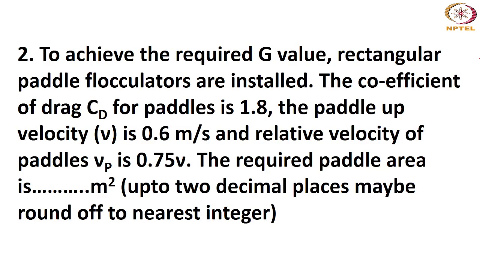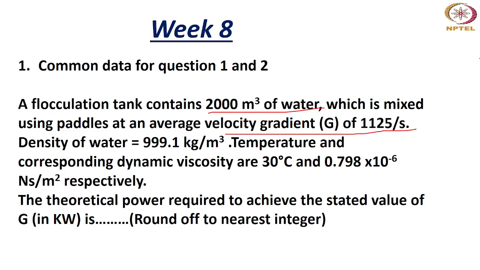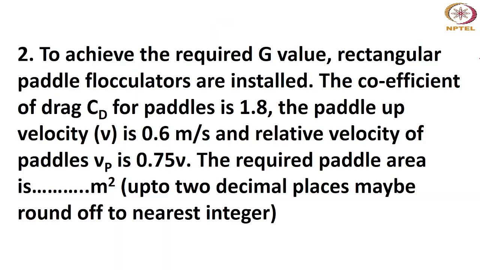So the next one is also related to the first question, the concept. To achieve the required G value, rectangular paddle flocculators are installed. The coefficient of drag CD for the paddles is given as 1.8.